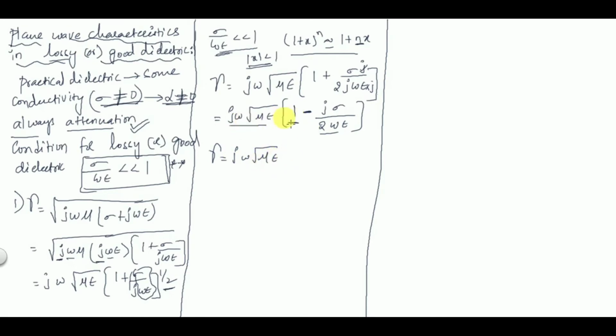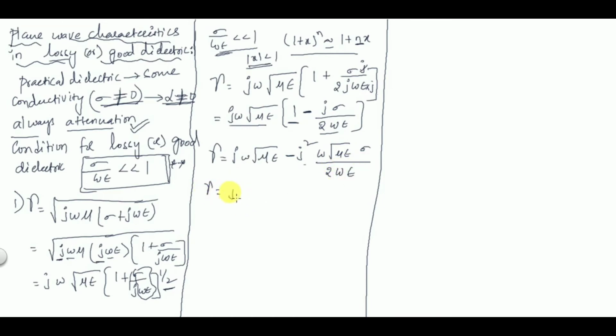Okay, so plus into minus is minus, and j into j is j square. Omega root mu epsilon into sigma divided by 2 omega epsilon.